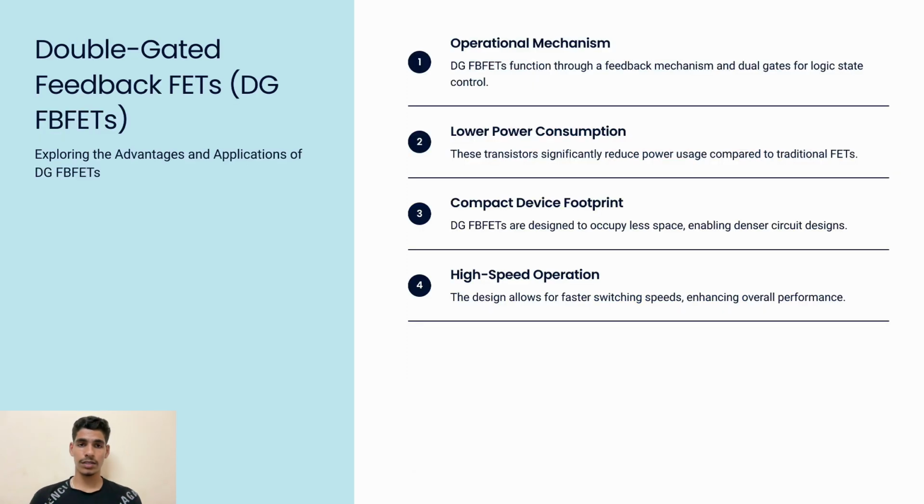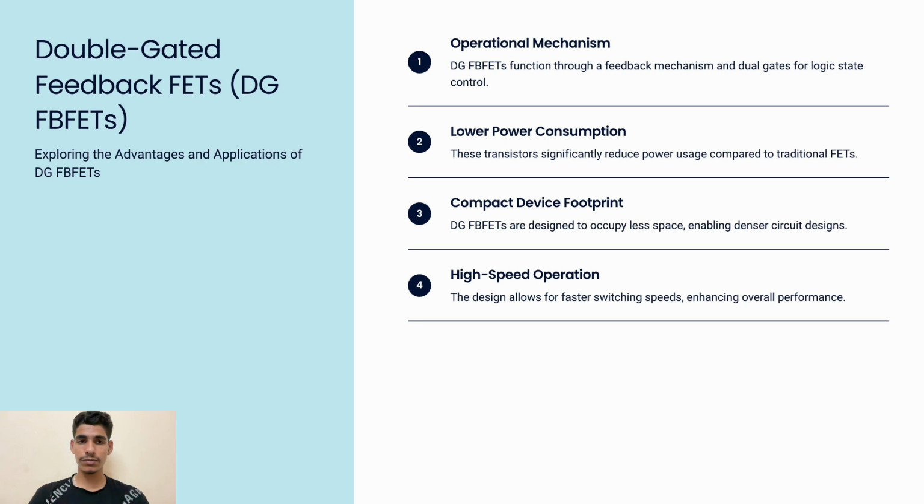Now let's go to the next slide. Double gated feedback FET. We have the operational mechanism, lower power consumption, compatible device footprint, and high speed operation. DGFBFETs have a unique feedback mechanism which makes them ideal for multi-state operations like ternary logic.